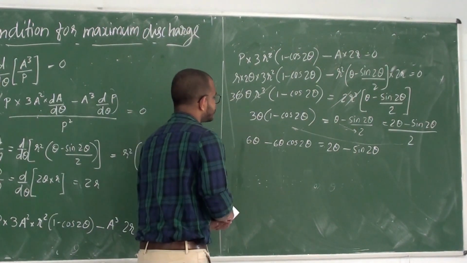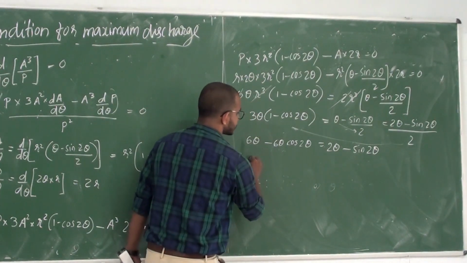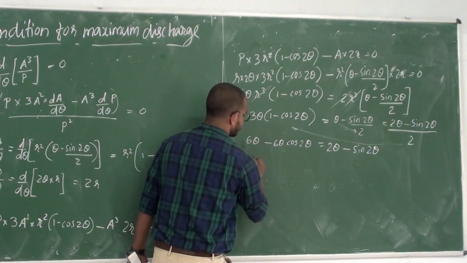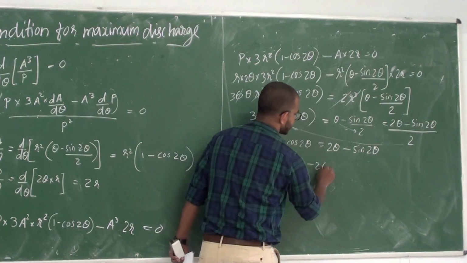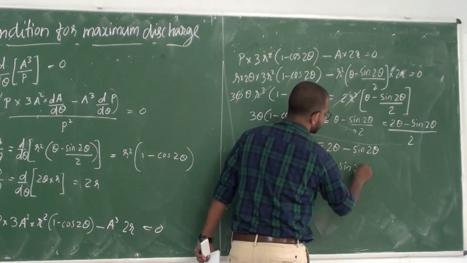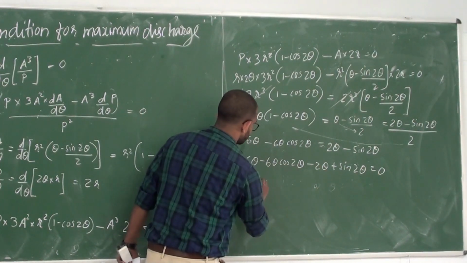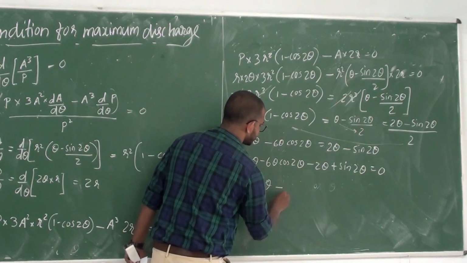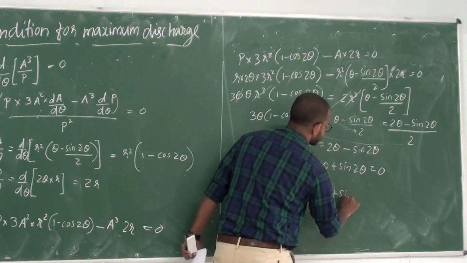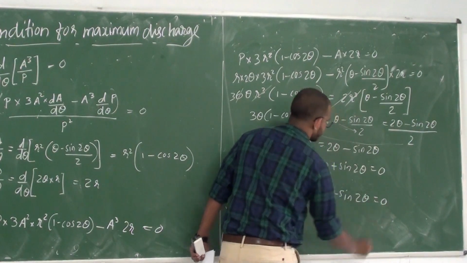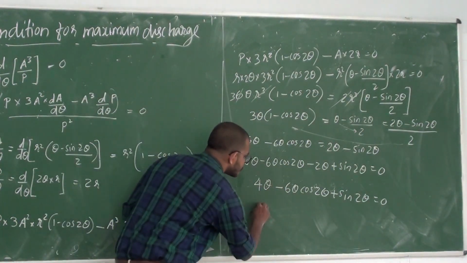So 6 theta minus 6 theta cos 2 theta minus 2 theta plus sin 2 theta equal to 0. That means 6 theta minus 2 theta is 4 theta. So 4 theta minus 6 theta cos 2 theta plus sin 2 theta equal to 0.